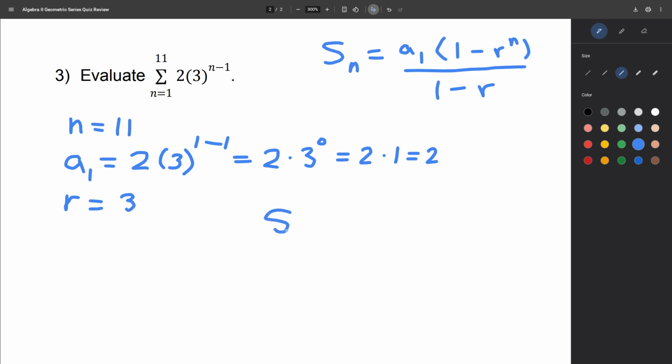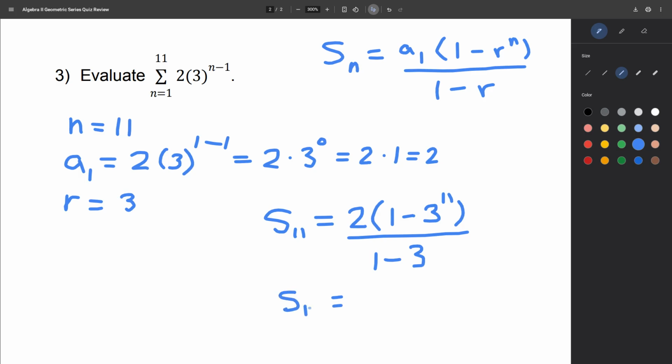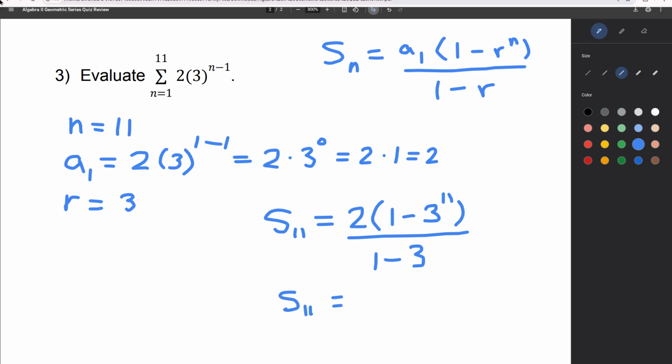So let's use our formula. We're going to say the sum of 11 terms equals the first term, which is 2, times 1 minus the common ratio of 3 to the 11th power over 1 minus the common ratio of 3. All right, so let's do that in Desmos.